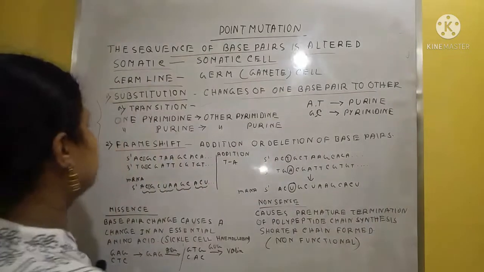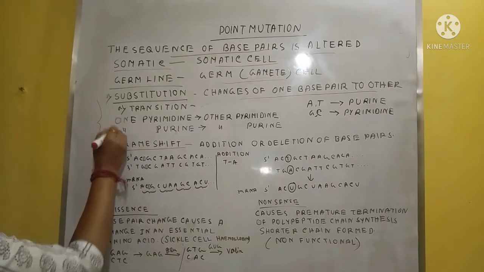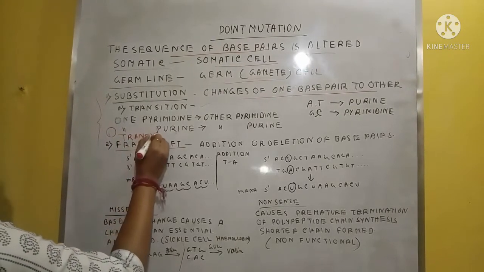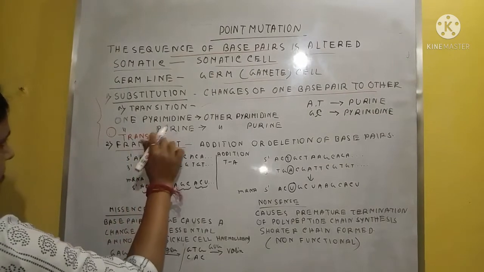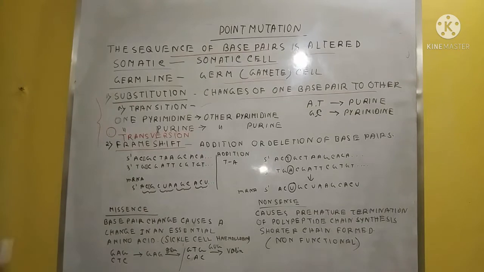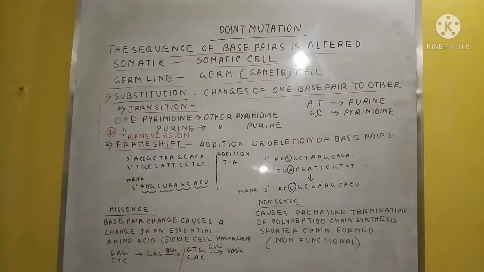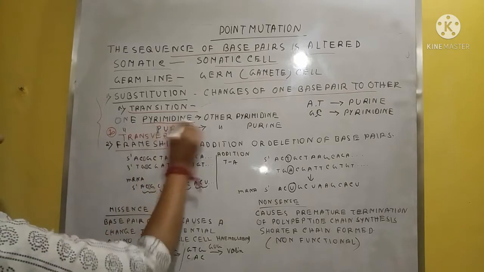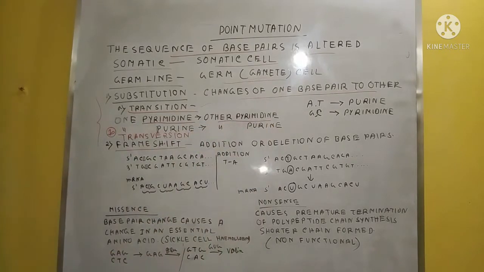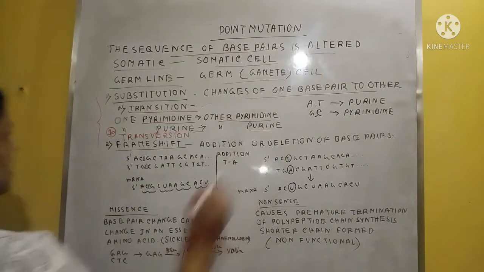Transition and transversion. The first one is the transition, where one pyrimidine base changes to another pyrimidine base, or one purine base changes to another purine base.